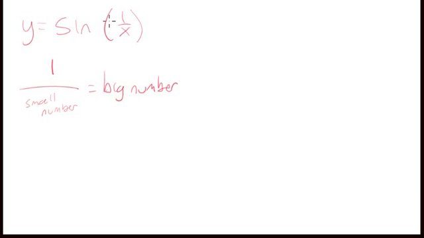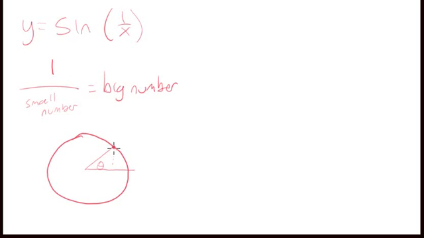So as I get larger and larger numbers, what happens when I take the sine of this large number? Well, let's remember our unit circles. For any angle theta that I find in here, the sine is just going to be the y component of this point on the circle.